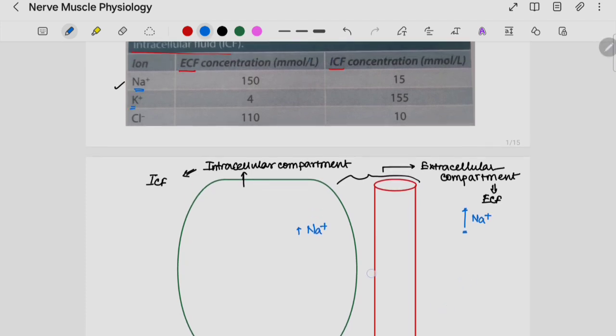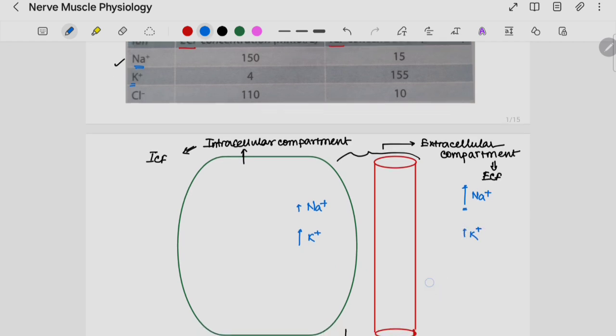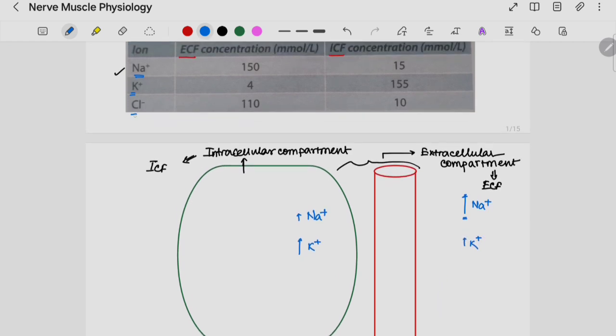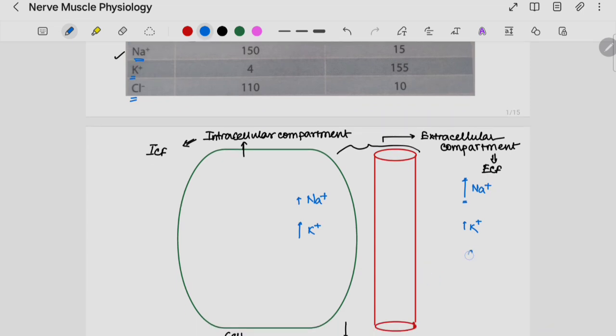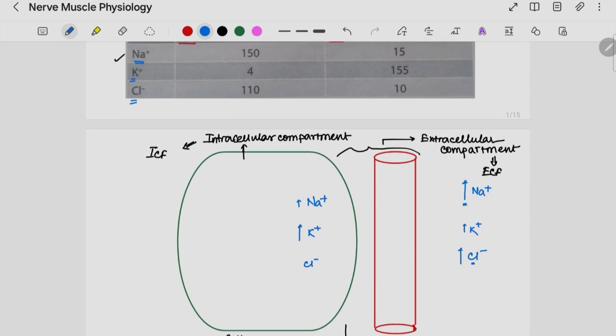Whereas potassium is more in amount in ICF than in the ECF, right? Also chloride is more in ECF than in ICF, right? So these are the ionic configuration inside and outside of the cell, right?